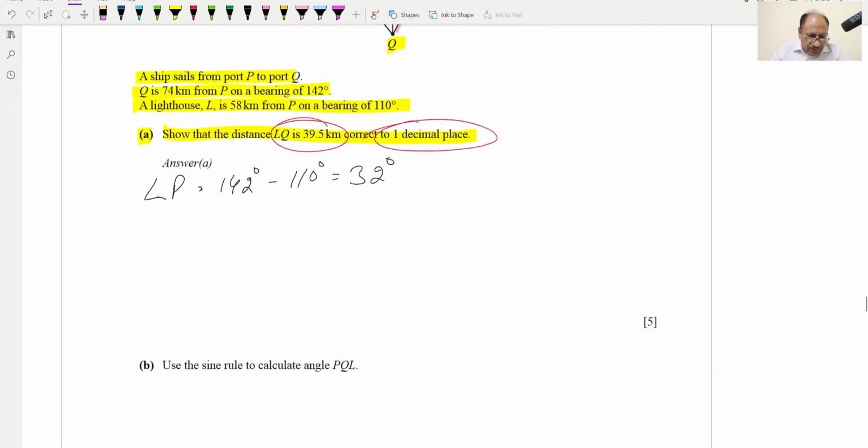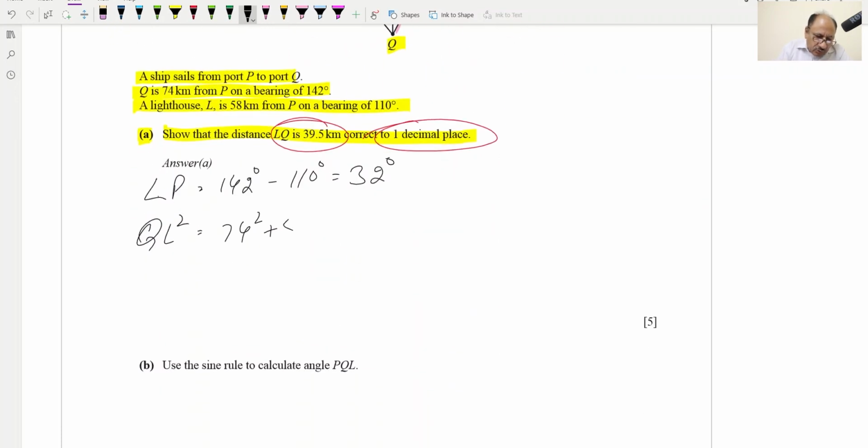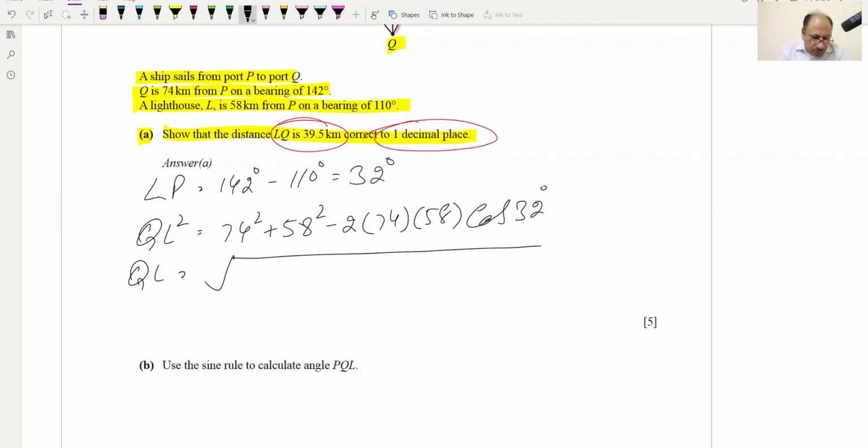So now we are applying cosine rule. To apply cosine rule, we know QL squared is equal to one side squared, which is 74 squared, plus the other side squared, which is 58 squared, minus 2 into 74 into 58 into cos of 32 degrees.